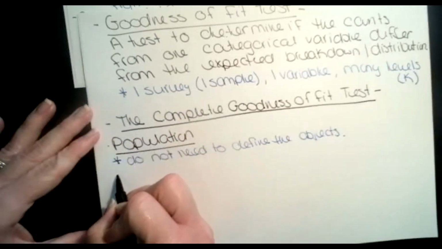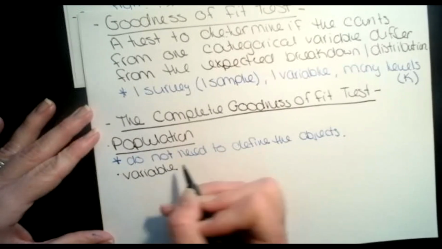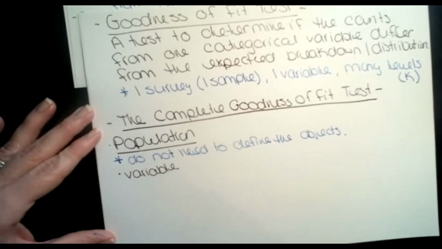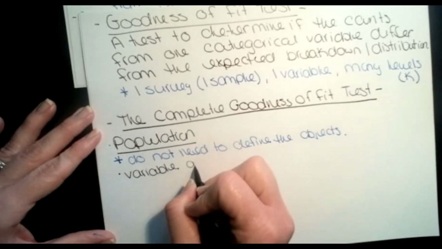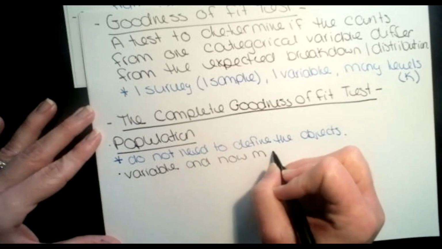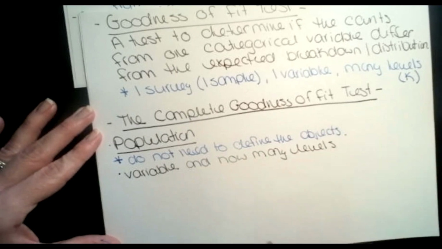So for my population, I'm going to start right with the variable. For my variable, I want to state it and say how many levels it has. When we're looking at categorical variables, a lot of times they word it as a question.